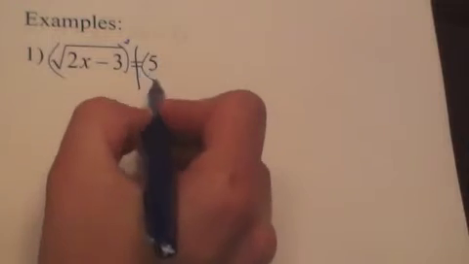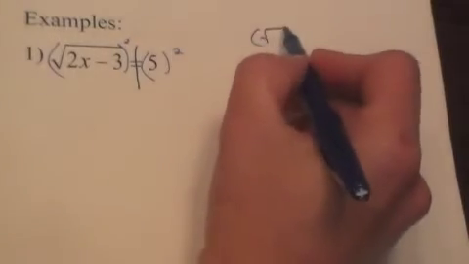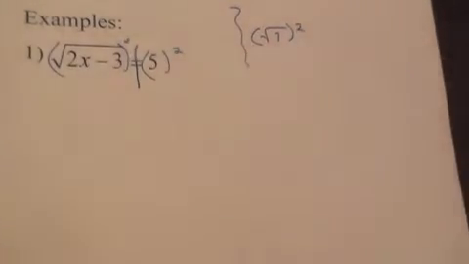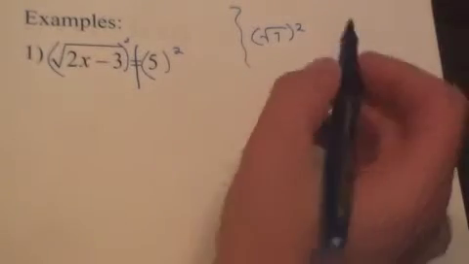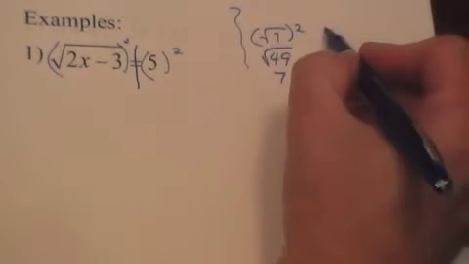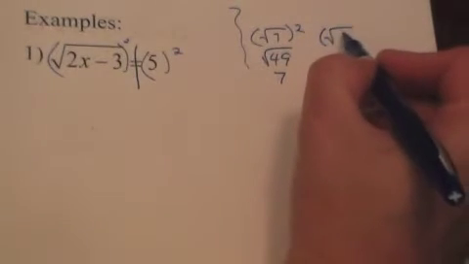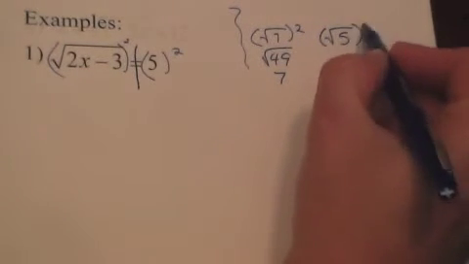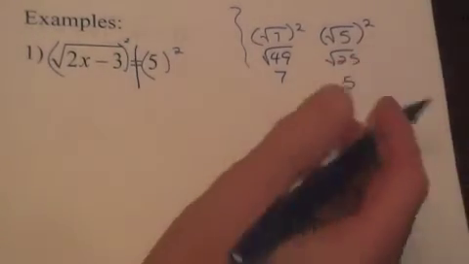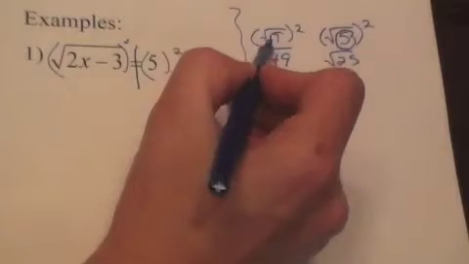If you remember from the past, anytime you square a radical, say we square radical 49, we get 7. Or 5 squared, radical 25, which is 5. You always get what's underneath the radical.